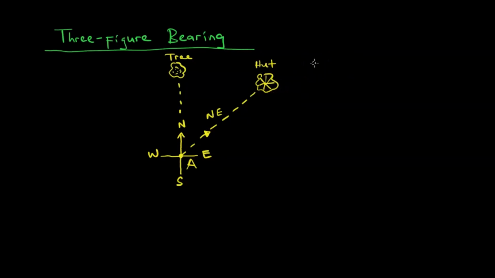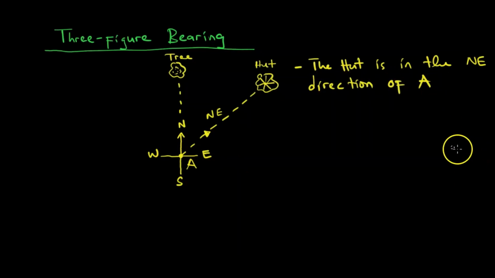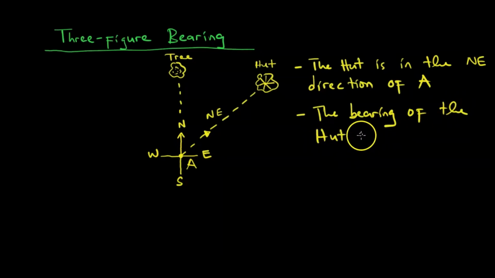So we have two forms of description here. Our first description is to note that the hut is in the northeast direction of A. Or we can note that the bearing of the hut from A is northeast.